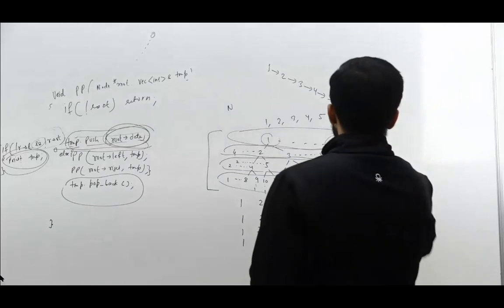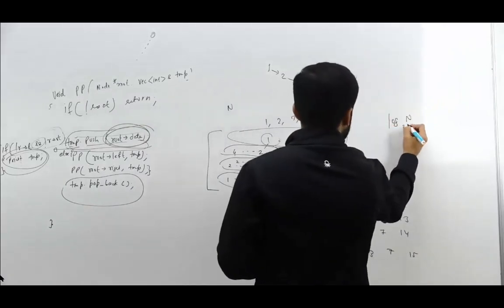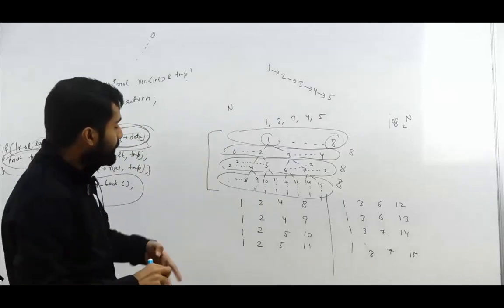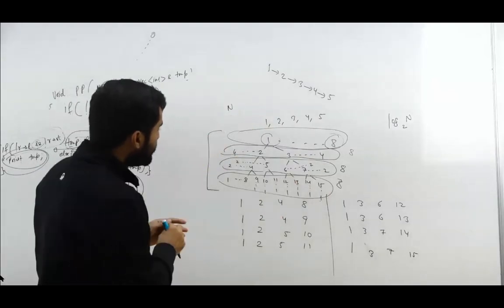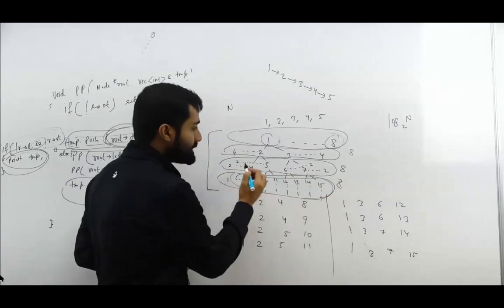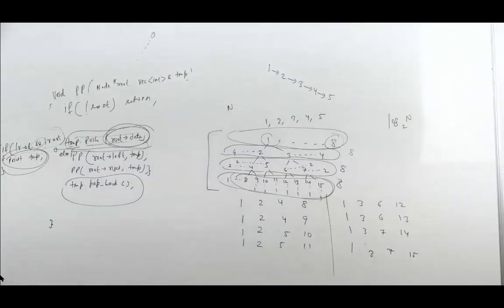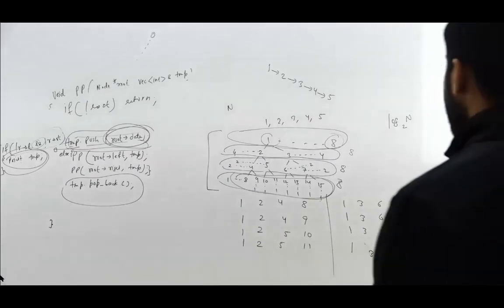Now think and say, if there are n nodes, roughly how many nodes will there be at the last level? Roughly n nodes will be there at the last level.